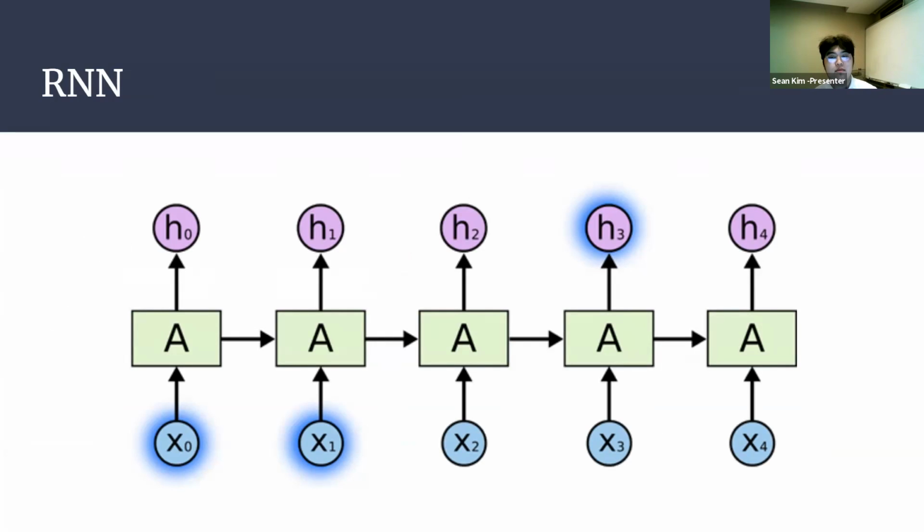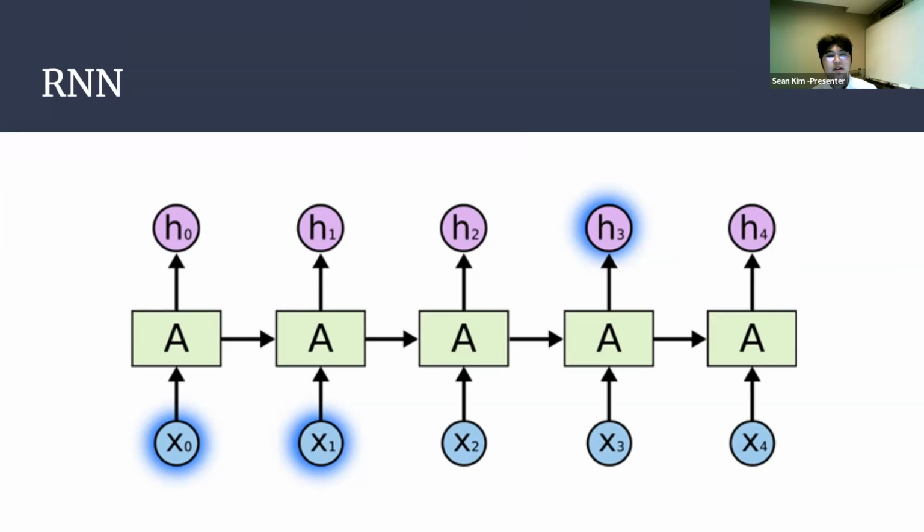Oftentimes, when we are trying to comprehend what we are learning about right now, or what we are hearing or looking at right now, we might not need information that stretches too far back in the past. For example, when you are listening to this presentation and seeing this image and listening to my explanation, you might not want to pull information from when you got stung by a bee when you were 5 years old, right?